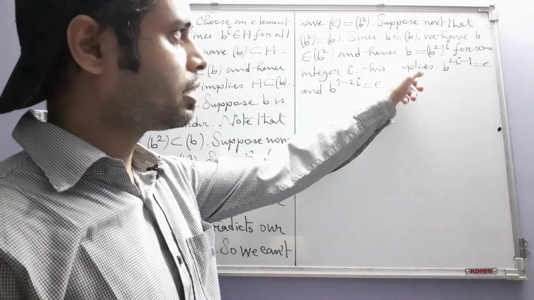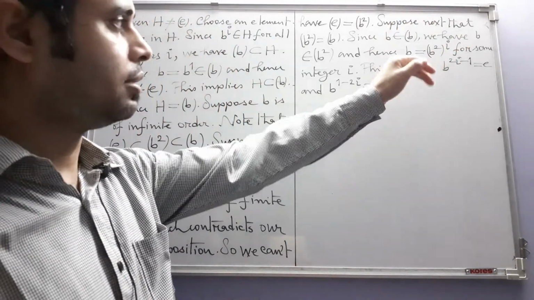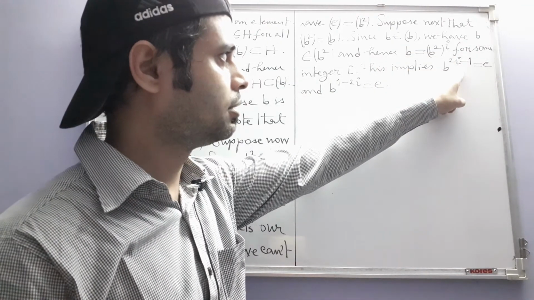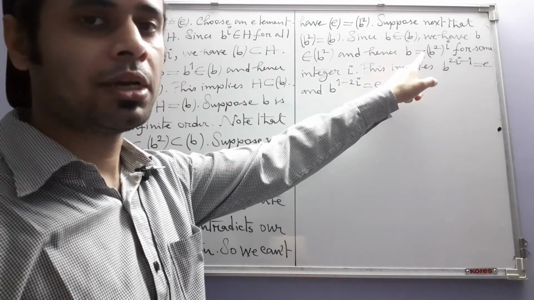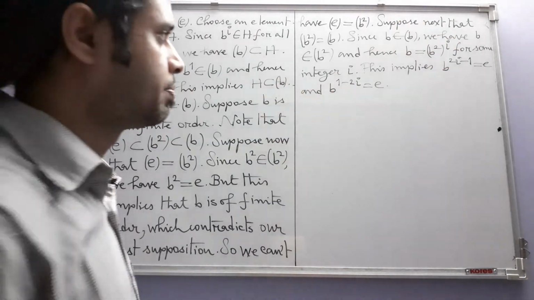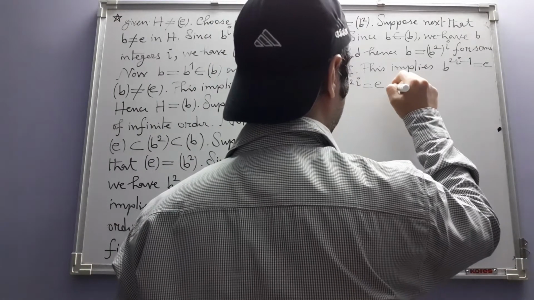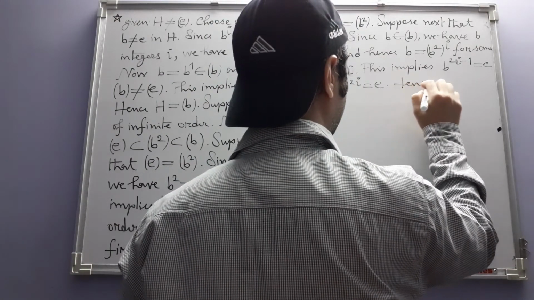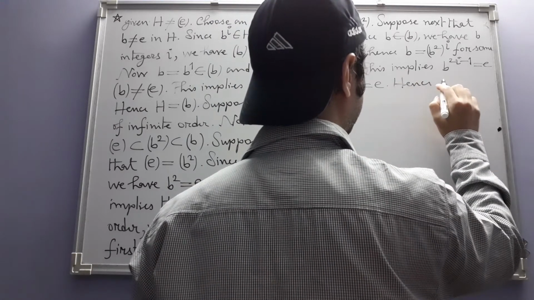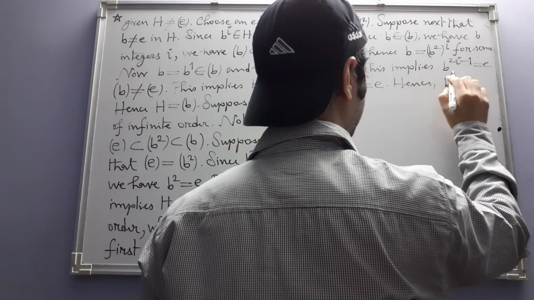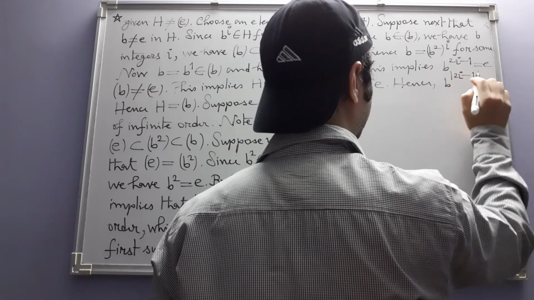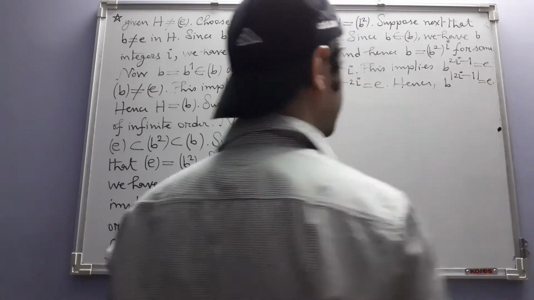You write this one as B is equal to B to the power 2I, multiply both sides by B inverse, you get this one. Whereas if you multiply both sides by B to the power minus 2I, you will get this one. Hence, since we have both of them to be true, B to the power absolute value of 2I minus 1 equal to identity.